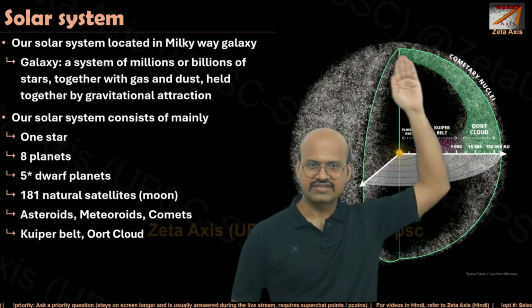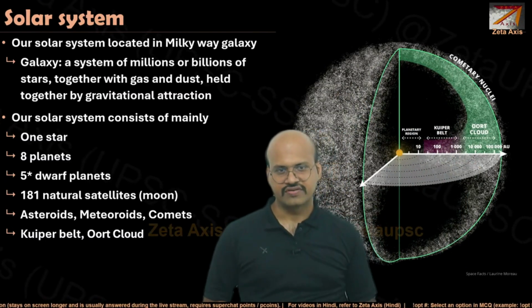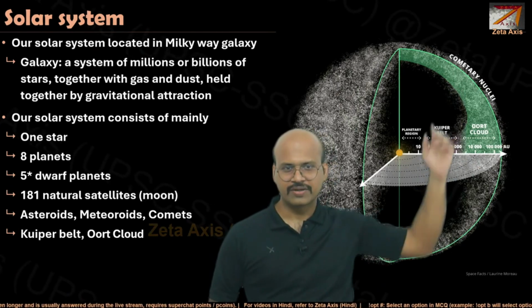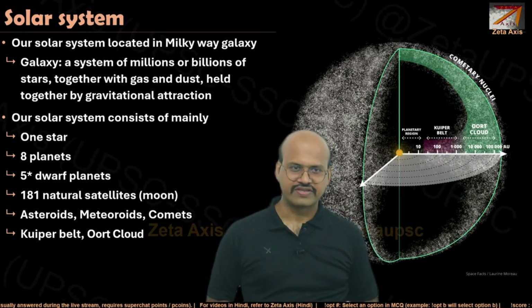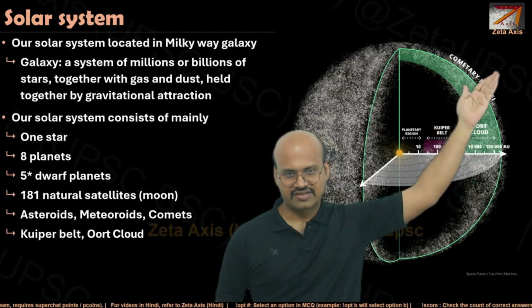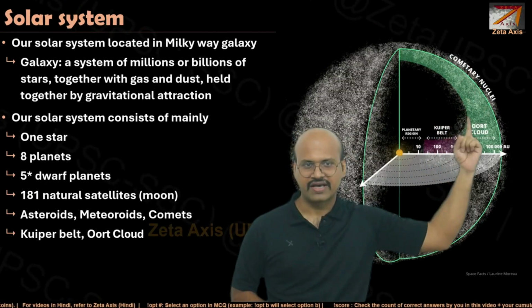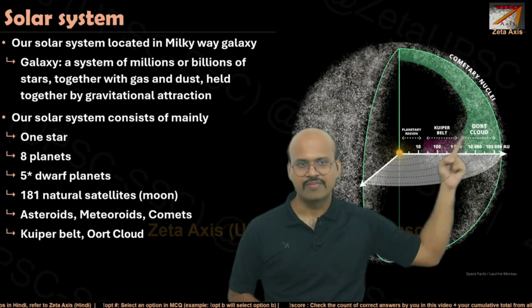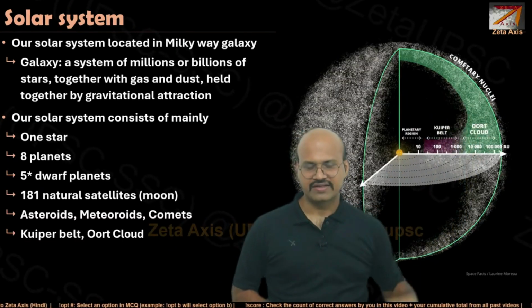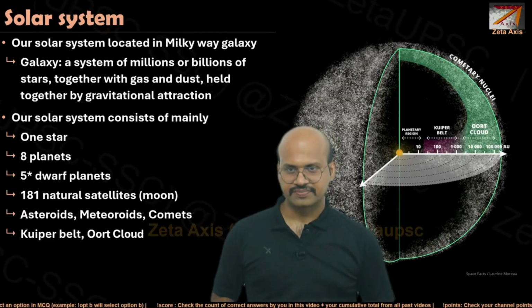So those comets generally originate from the Oort cloud, where they are dislodged due to some gravitational anomaly or some process occurring in another stellar system or some other regions. They are dislodged from their orbit and they come towards the sun, and they form a very highly elliptical path. That is why they have such long revolution periods.